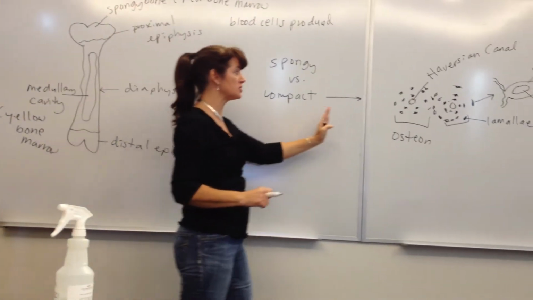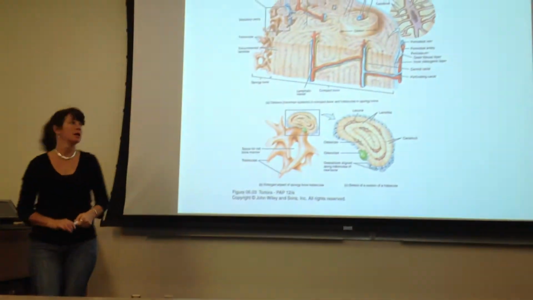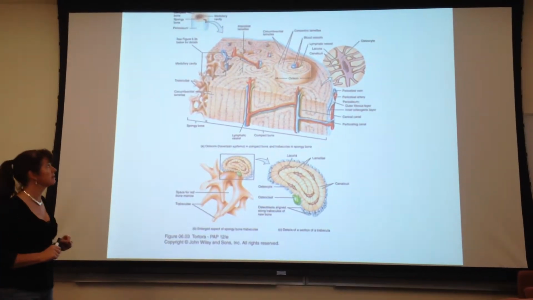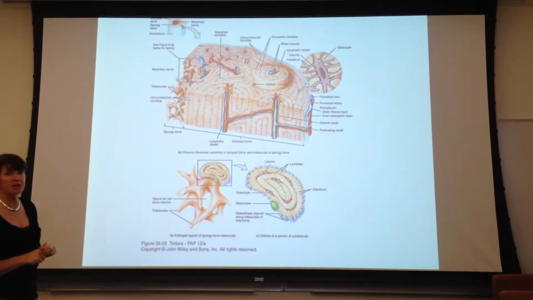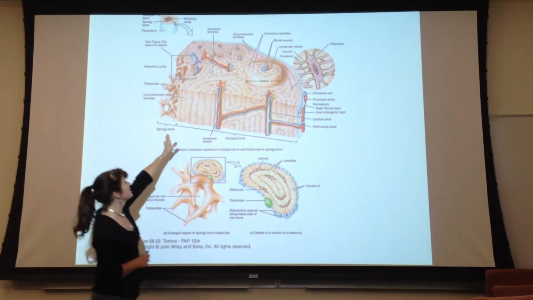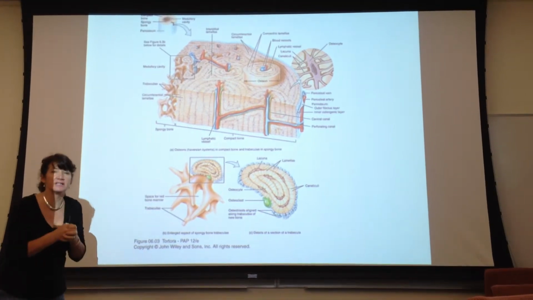If we look closer at what the compact bone is composed of, I've taken a cross section, and on the board again I'll try to break it down a little bit better for you. But here's a cross section of spongy bone and compact bone, where the spongy bone is in the front and the compact bone is back towards the end. The compact bone is very, very dense.